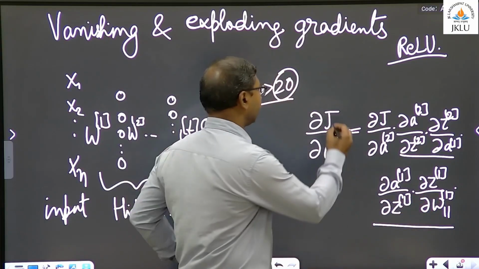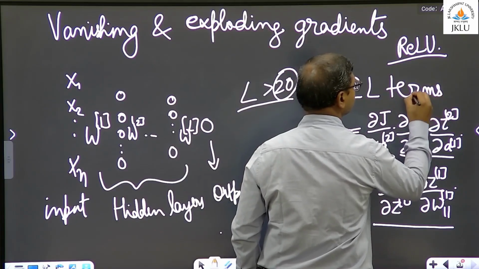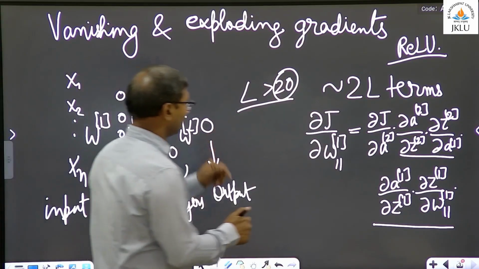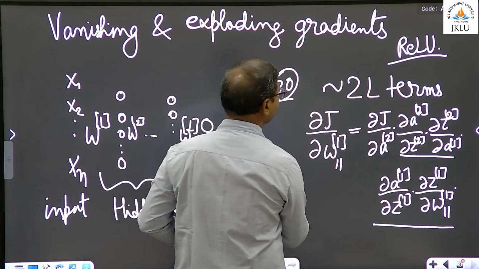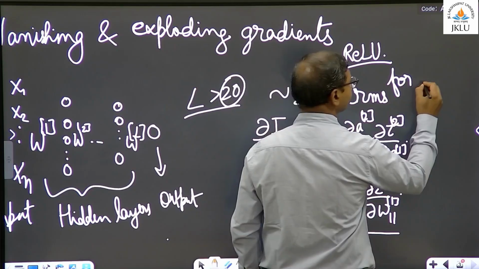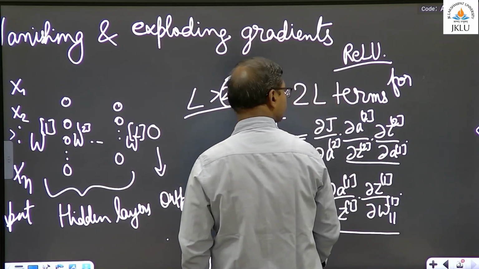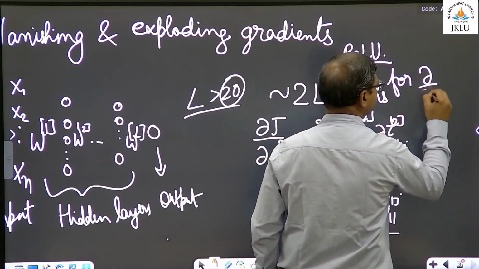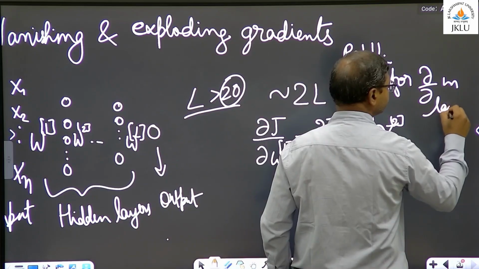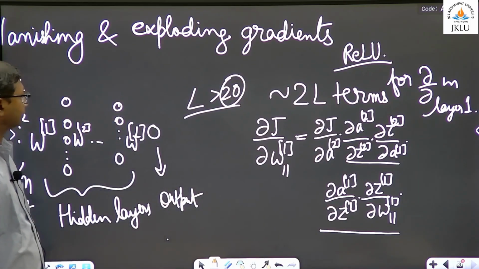So, you will have roughly 2L terms for partial derivatives in layer 1, right.